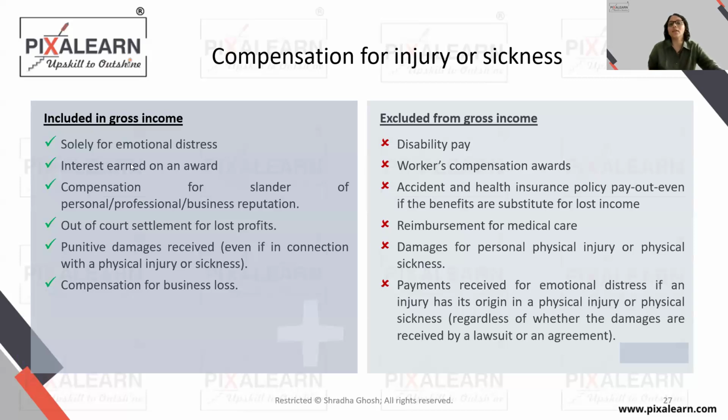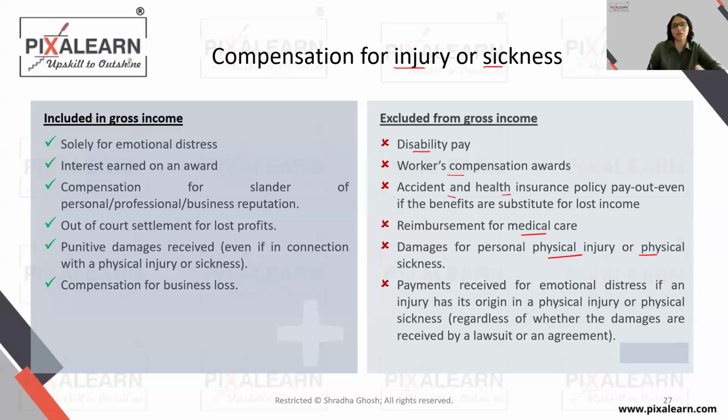Okay, then you go to all kinds of compensation. Again, these are smaller topics, but sometimes you get a lot of questions from these areas. So, any kind of compensation that you get for injury or sickness, you need to understand that typically, if the payment is being made for disability, workers' compensation, accident, health insurance, medical care reimbursements, damages for physical injury or physical sickness, or a case in which there is physical sickness and emotional sickness, all of these are outside the tax net.